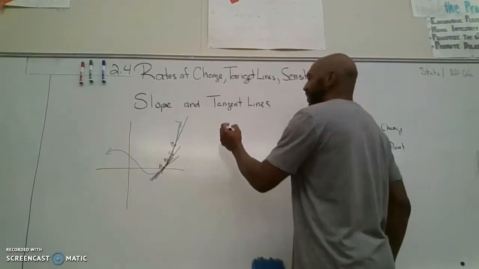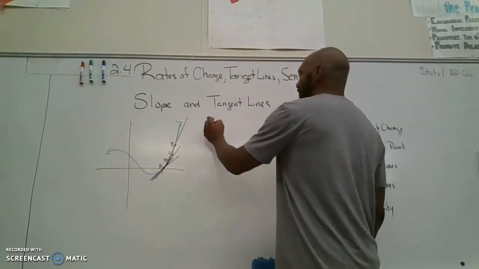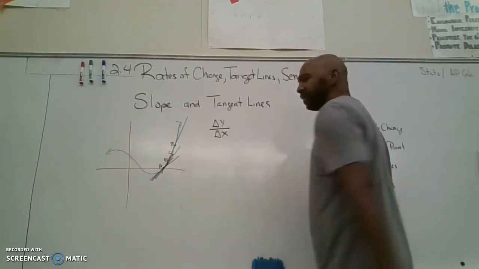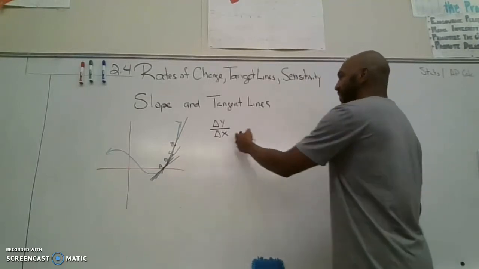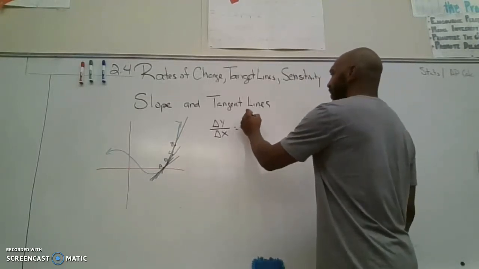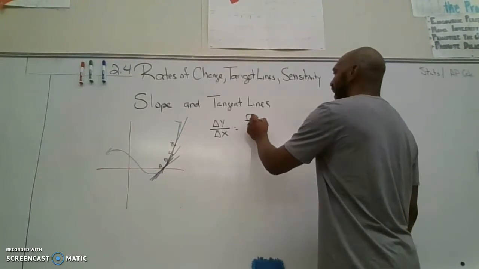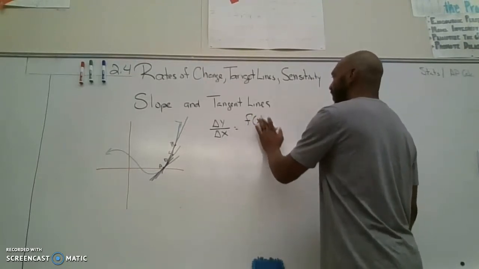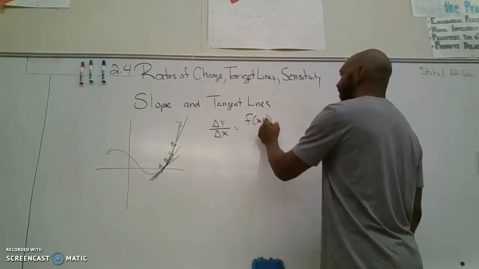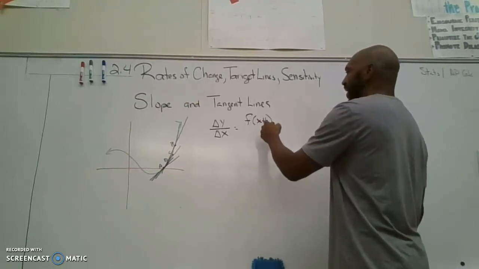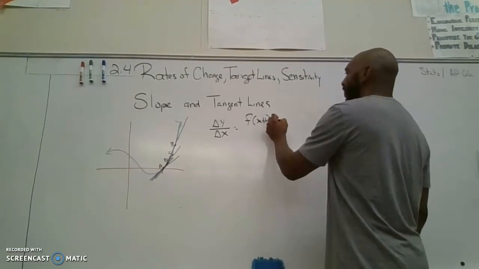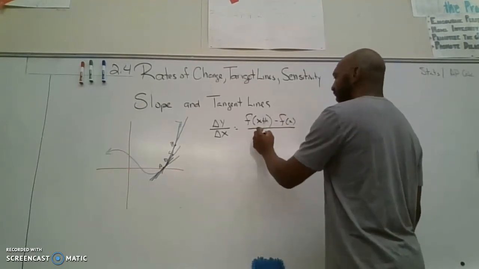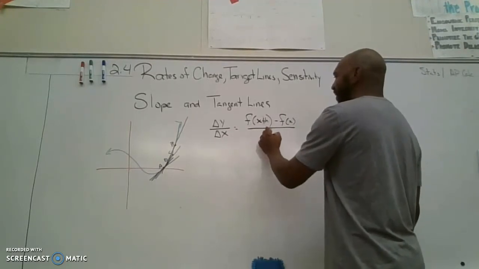So what happens here is we're going to do the change in y over the change in x. Now, I can take my change in y, f of x plus h, my little piece of change, minus f of x, because that's my change, and over here I'm just going to have h.